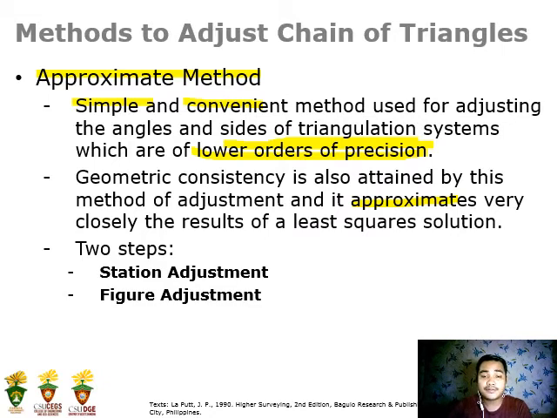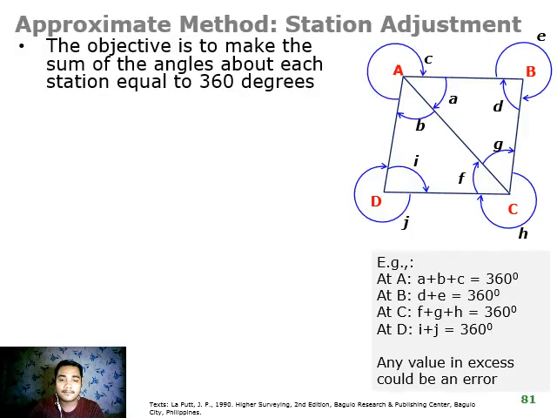There are two steps of the approximate method, called station adjustment and figure adjustment. The objective of station adjustment is to make the sum of the angles about each station equal to 360 degrees, since one full revolution is 360 degrees.